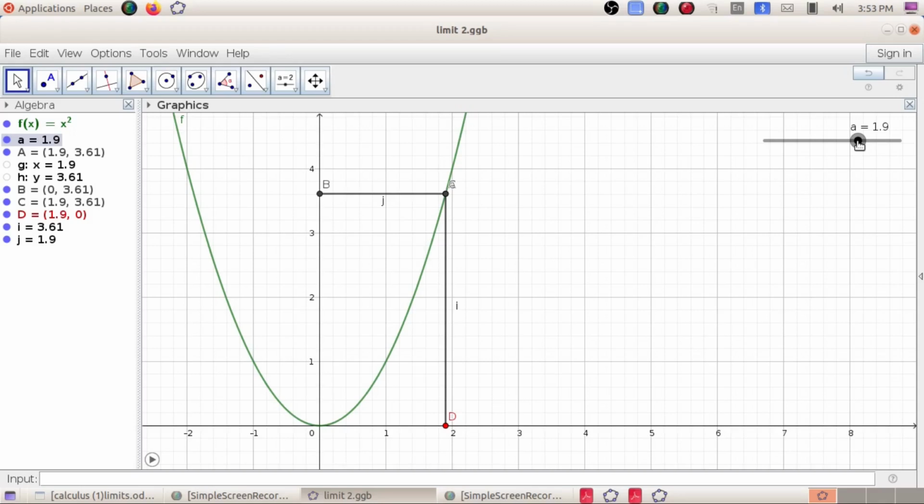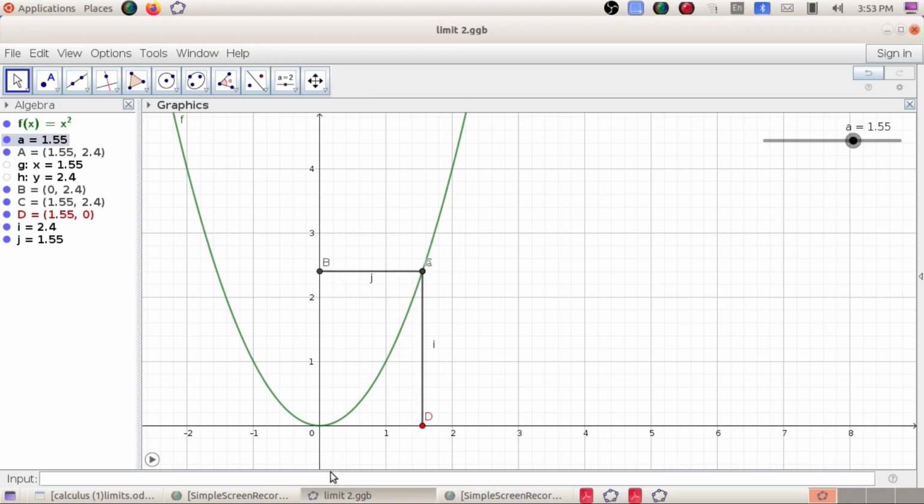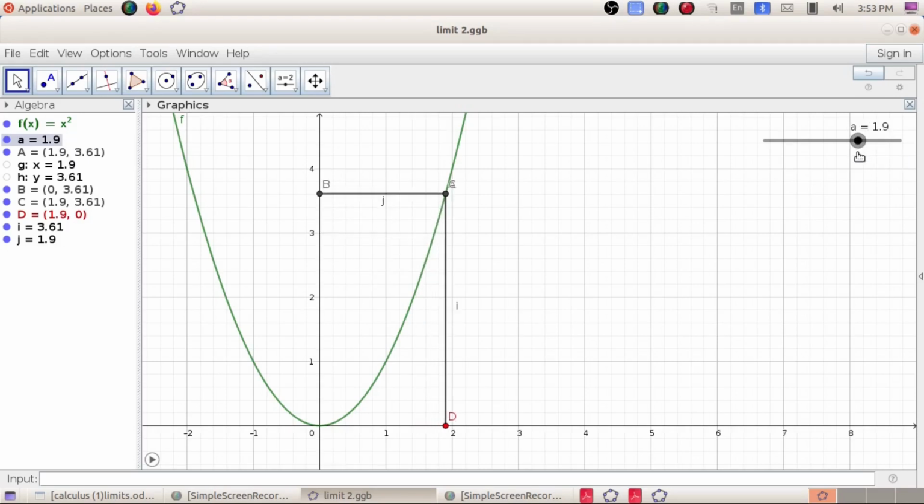It is approaching the number 2 from left to right. If the variable is approaching 2, we can see that the value of f of x, that is on the y-axis, is also tending to 4. If the variable is approaching 2, the function is tending to 4.